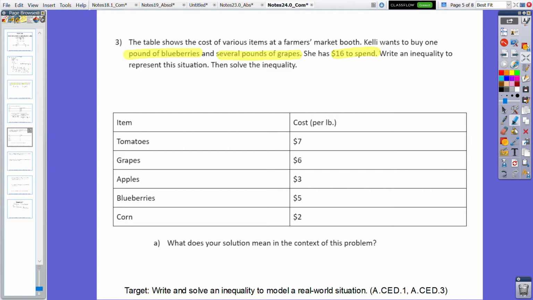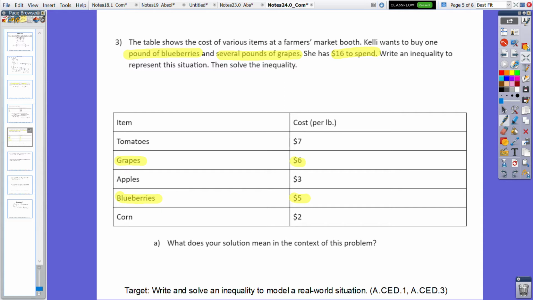With 1 pound of blueberries, we're going to look at this cost here. The problem says she wants to buy several pounds of grapes. Several can imply any number, so we're going to just highlight the grapes here. We don't know how much she's going to spend, but we do know that she only has $16. When I solve this inequality, we have to write it first.